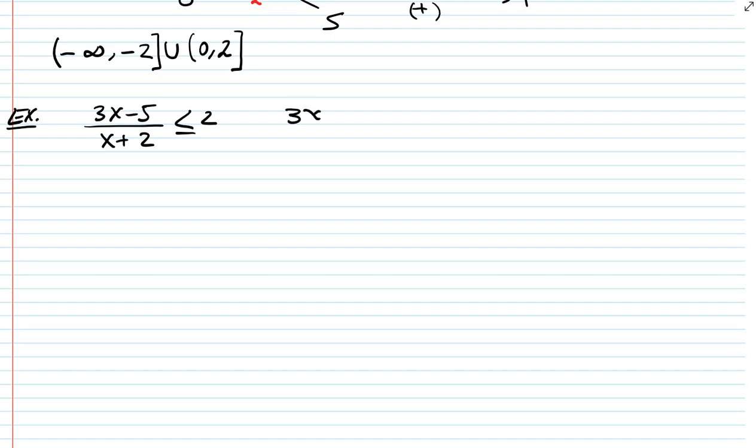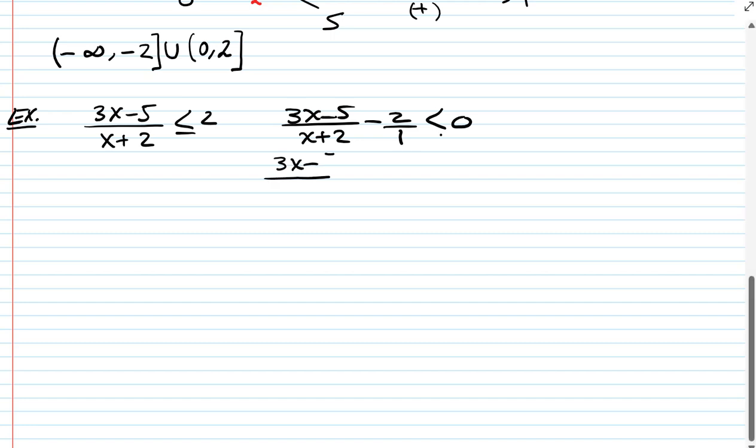So if there's no 0 on the right side, remember that takes priority. And we have to subtract 2 from both sides. And I gave you the denominator of 1 so I can combine fractions. I need to get the LCD. The LCD is x plus 2. Therefore, this is 3x minus 5 over x plus 2 minus 2 times x plus 2 over x plus 2.